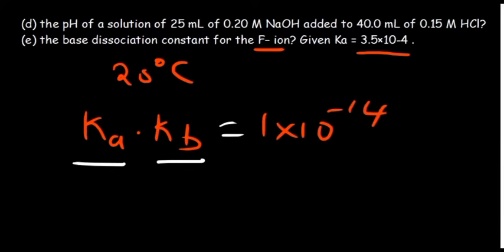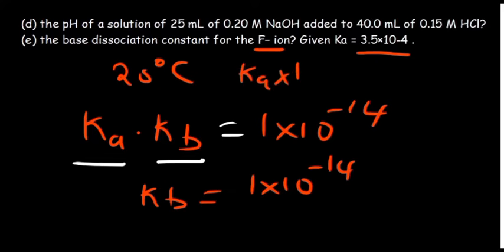So we have been given the value of Ka. How are we going to find the value of Kb? The same principle is going to work. Ka multiplied by Kb is what we call the ion product constant, 1 times 10 to the power negative 14.